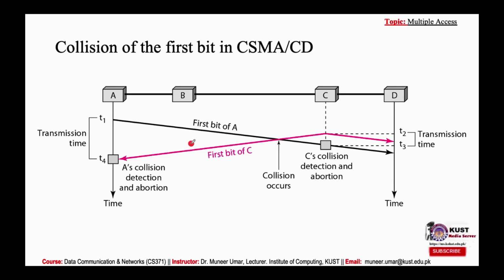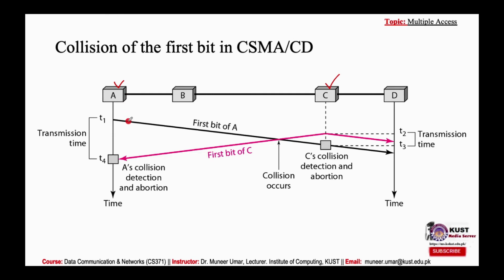In this figure, we have stations A and C, both involved in a collision. Both are sending one bit at the same time. At time t1, station A has executed its persistence procedure and starts sending the bit of its frame.